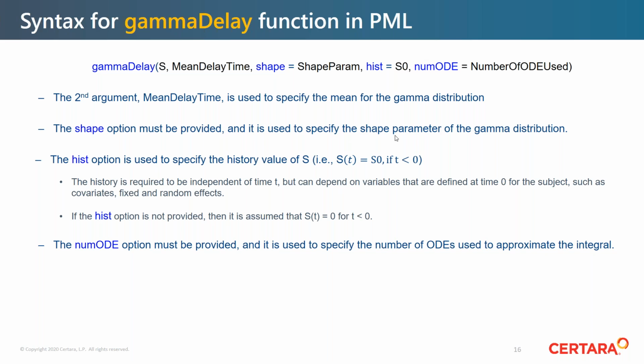It's used to specify the shape parameter of the gamma distribution, and the second argument is used to specify the mean for the gamma distribution. The same thing, hist, is used to specify the history value, and it must be constant. And the last argument must be provided, and it's used to specify the number of ODEs used to approximate the convolution.